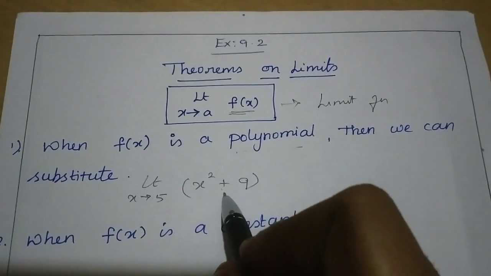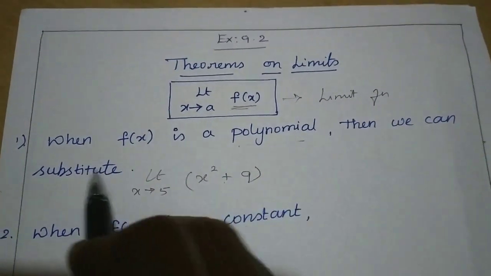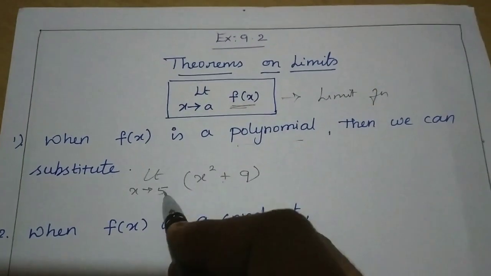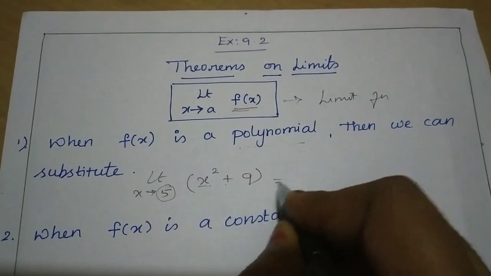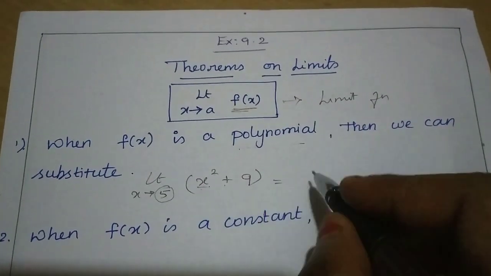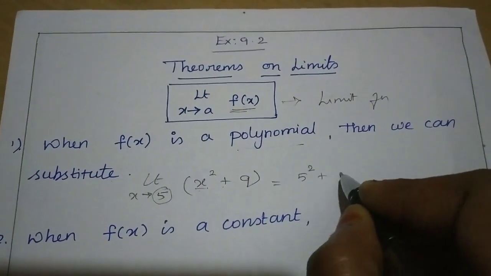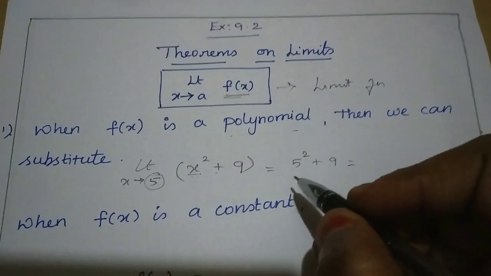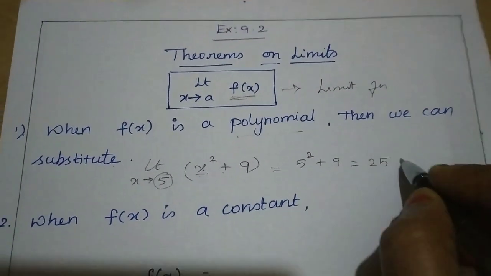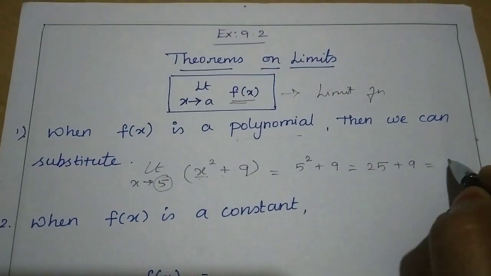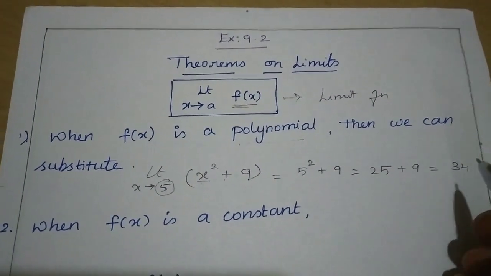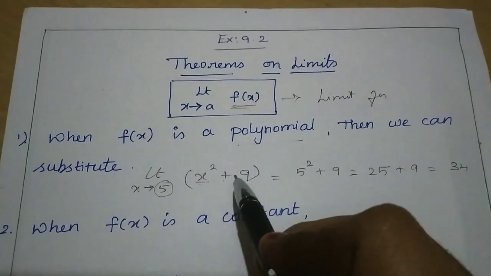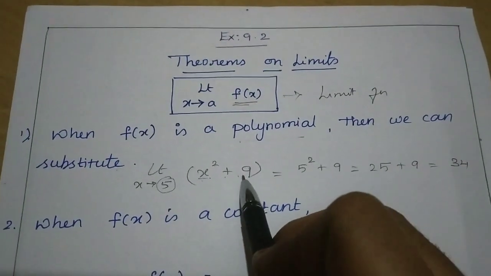When the question is like this, then we can substitute the limit value in the place of x. So x square plus 9 will become 5 square plus 9. 5 square value will be 25, plus 9. The answer will be 34. So in this way, we will evaluate the limit when the given function is a polynomial. This is the first theorem.